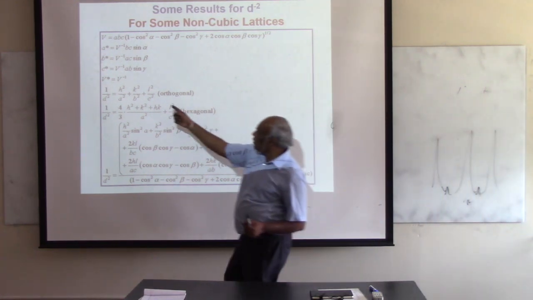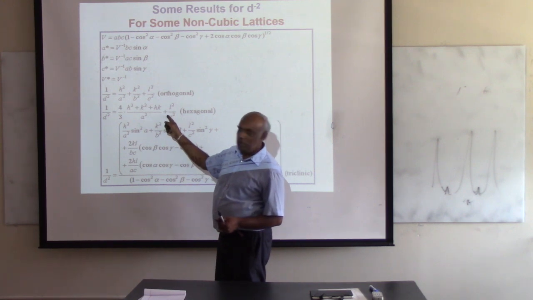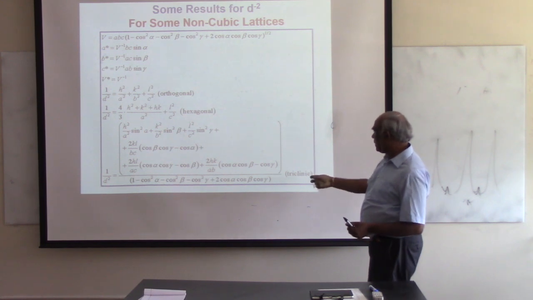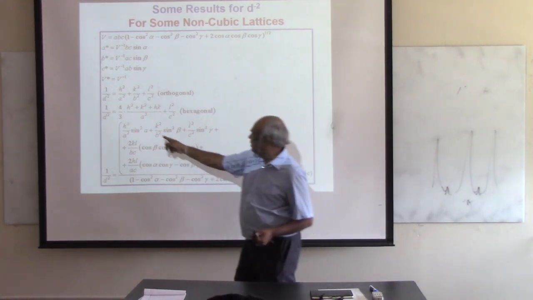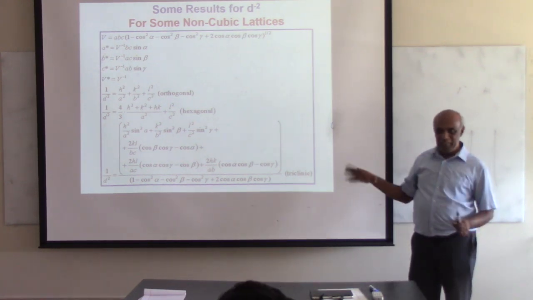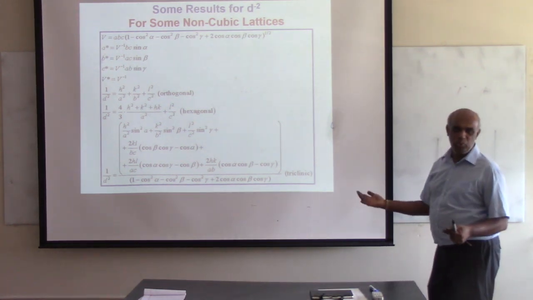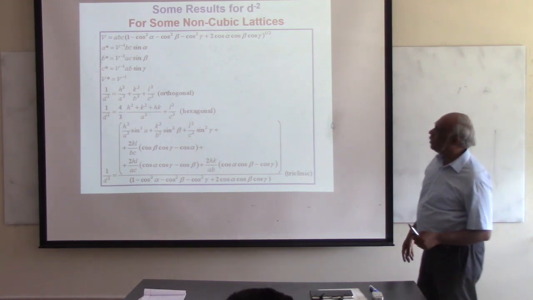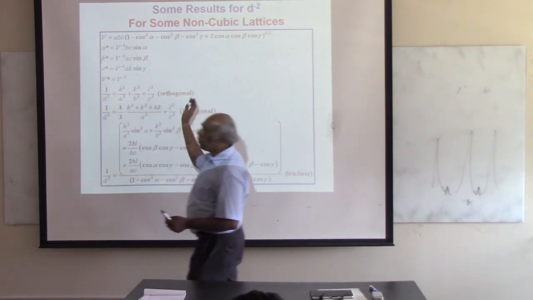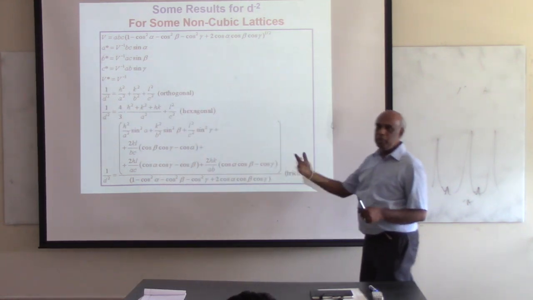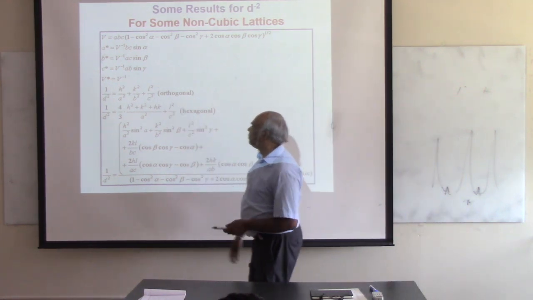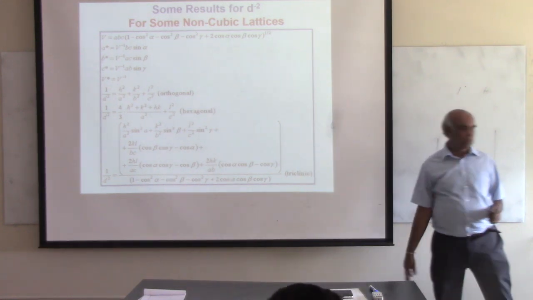You already did this in the homework problem, right? If we go to hexagonal or even triclinic, this is the equation. That's pretty complicated. We don't want to deal with these things, and nowadays you have software to do this. But in this class we will only concentrate on this one, and mostly on cubic structures, which means a, b, c are all equal. Is it clear? So that's all we need to do.